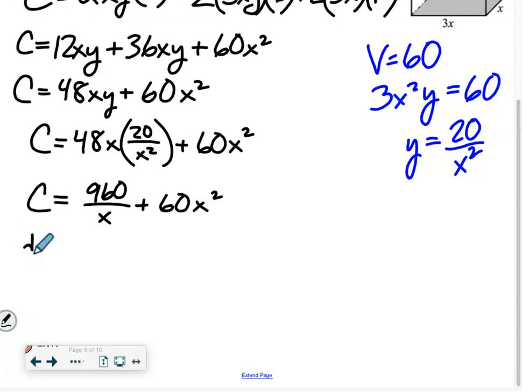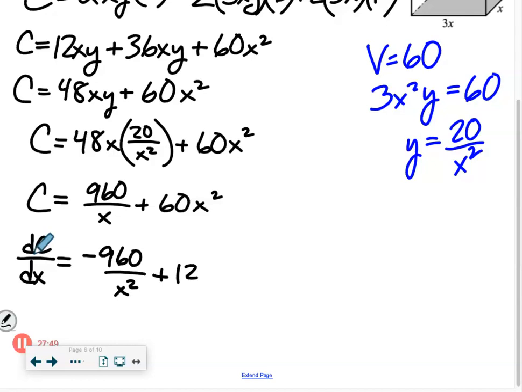So dC/dx is negative 960 over x squared plus 120x. If there's one thing I'm hoping you have figured out in this unit, it's that when you have to find zeros, you have to combine everything together.